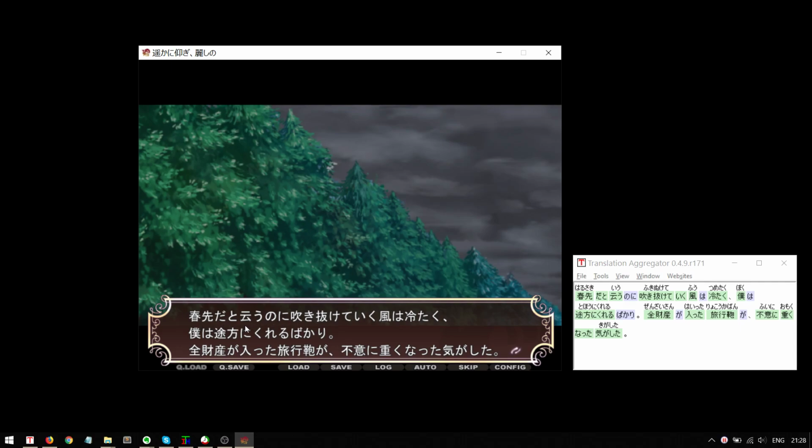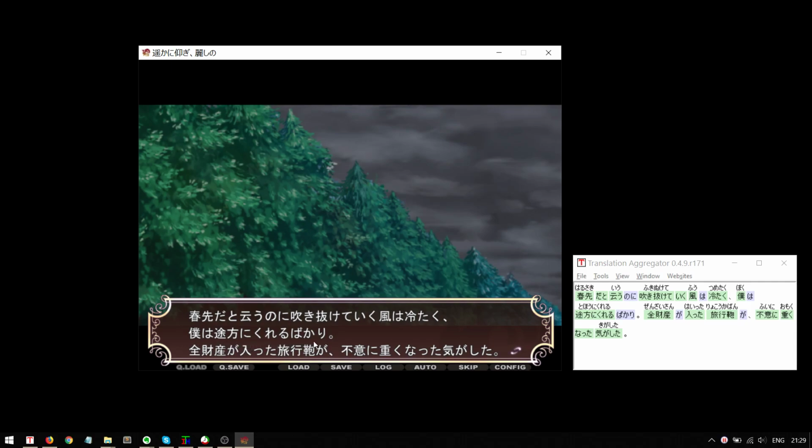So even though it's the start of spring, the wind is cold. 吹く is used for, means to blow, and 風が吹く means the wind blows. 吹き抜ける is a variation on that. It means to blow through or to blow past. So it can blow through a tunnel or blow past you. So even though it's spring, the wind that blew past was cold.